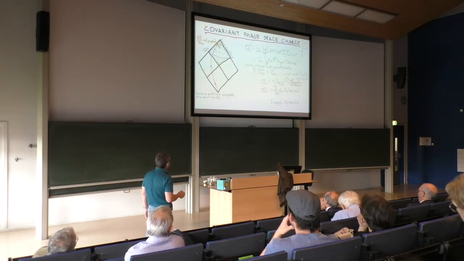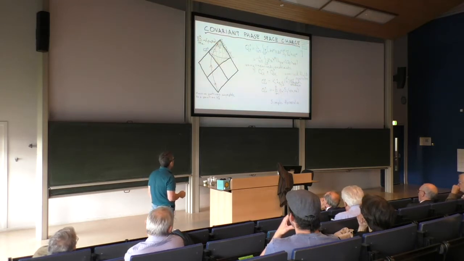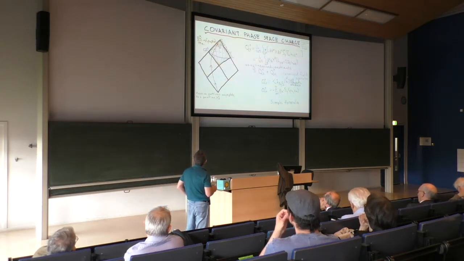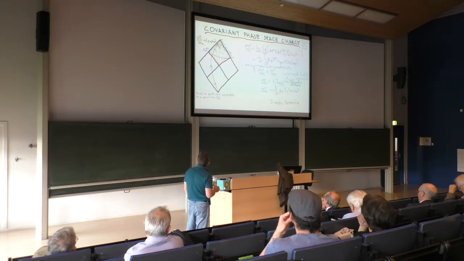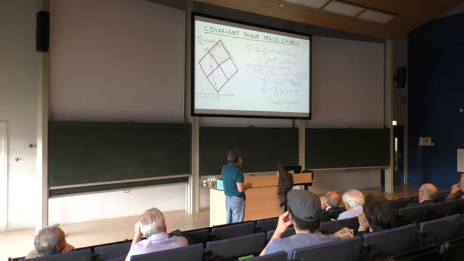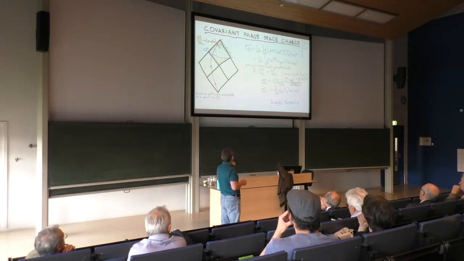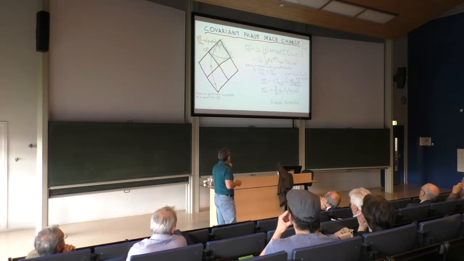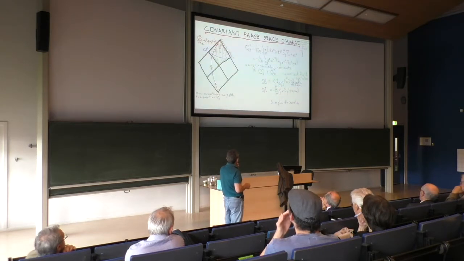The formula gets a little complicated, but the upshot is that the generator of superrotations is the symplectic product over these hyperbolic slices of the linearized metric fluctuation with the superrotation variation of the three-dimensional Brown-York stress tensor.